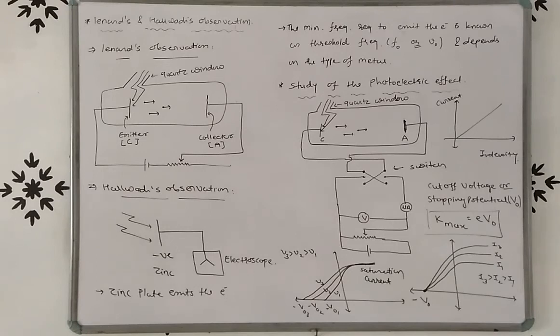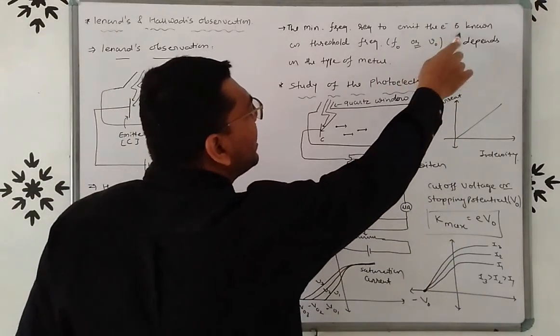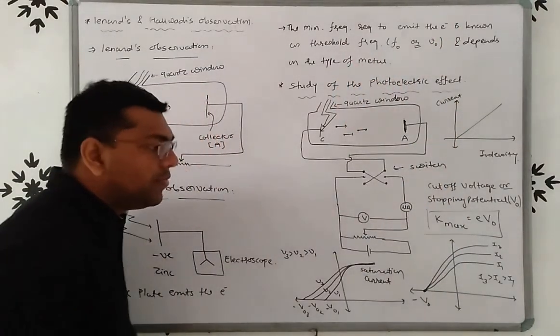So this is about the study of the photoelectric effect. And from this we can say that if the frequency is greater than the threshold frequency, then electron emission is possible, because we know that the minimum frequency required to emit the electron is known as the threshold frequency.